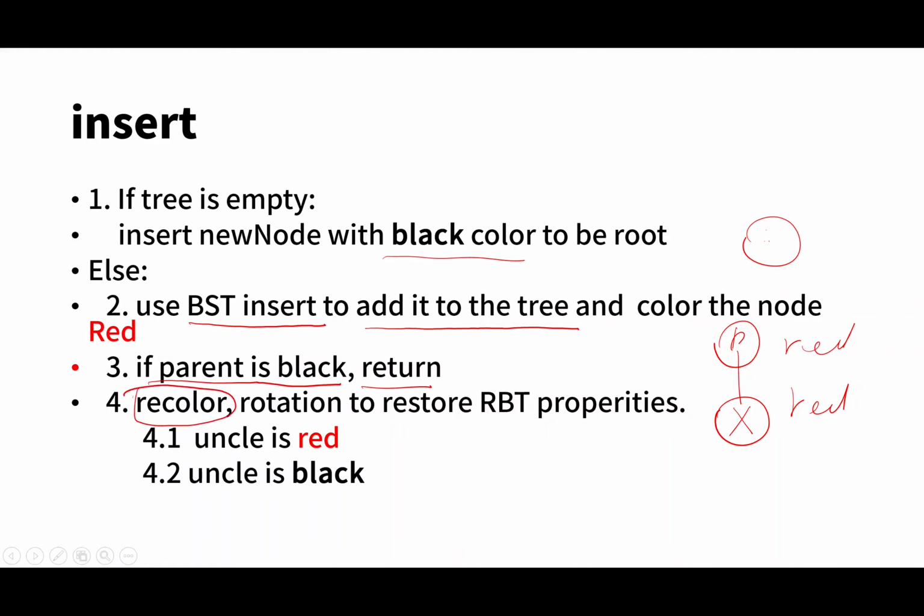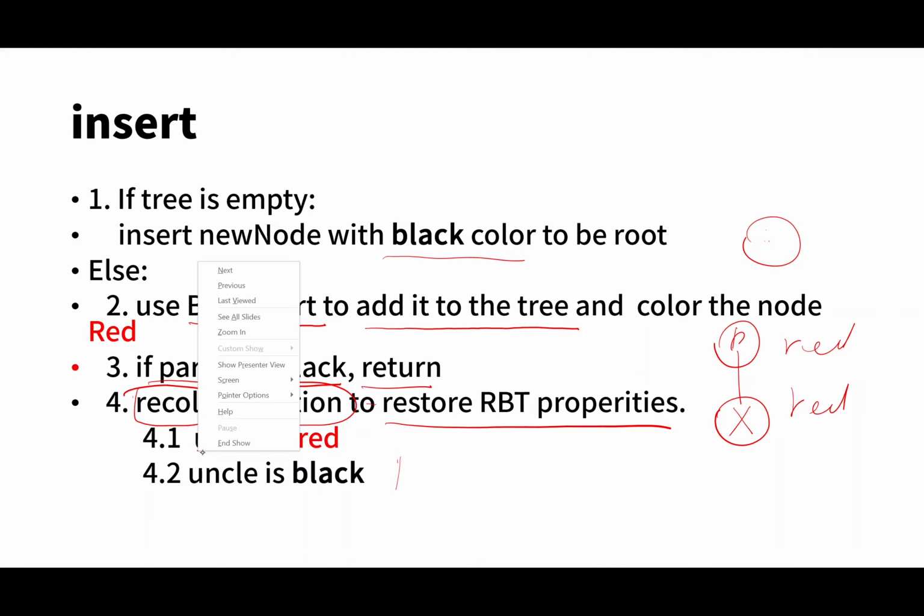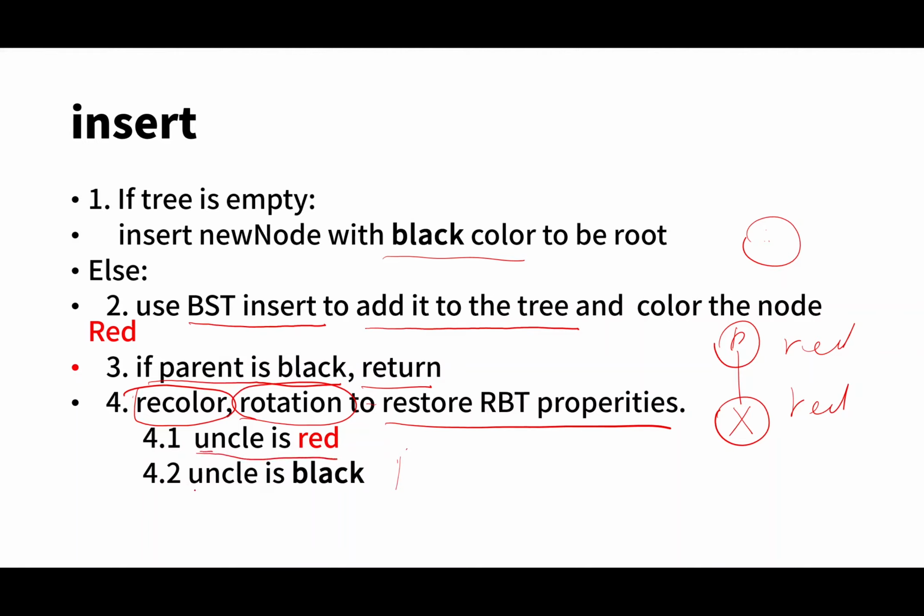One is called recolor, and the other is rotation, just like the rotation in the AVL tree, to restore the RBT properties. For this, we will do differently for two cases. One case is the uncle is red, and the other case is the uncle is black.